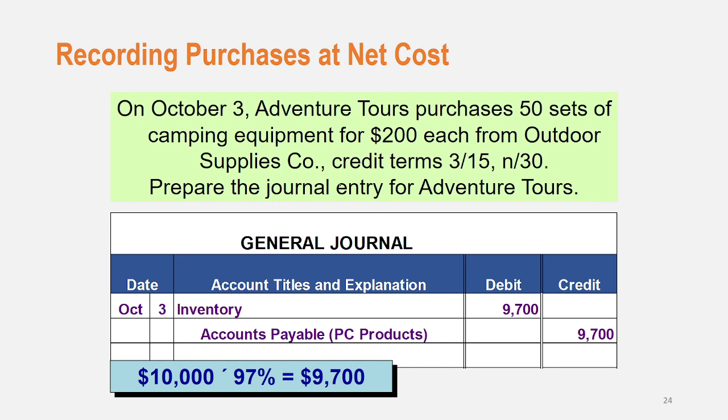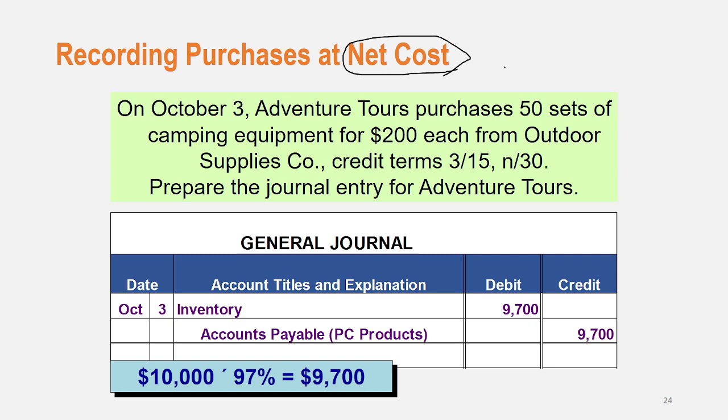In this scenario, we want to consider the amount of discounts under the net cost method. In the net cost method, we consider the discounts in our first recording after the purchase. Look at the economic scenario. On October 3, Adventure Tours purchased 50 sets of camping equipment for $200 each from Outdoor Supplies Corporation.